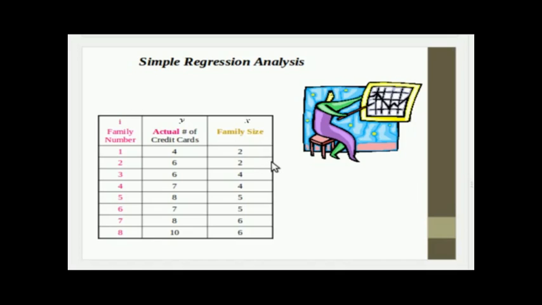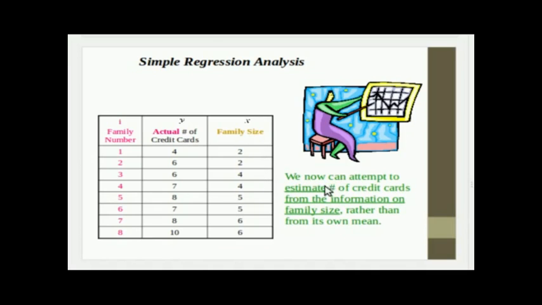For that purpose, we are taking this one more parameter into consideration. We can attempt to estimate the total number of credit cards from the information on family size rather than from its own mean. On the next slide, we will consider this point on the plane in which we will put family size on the x-axis and number of credit cards on the y-axis. Let's see this graphically.